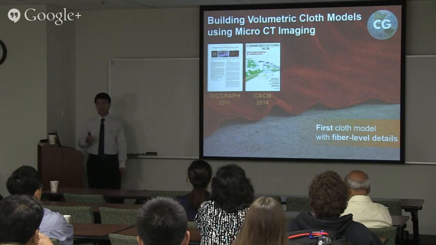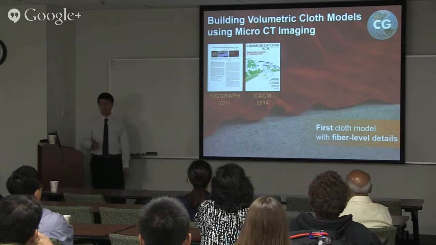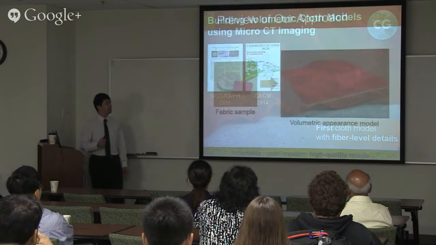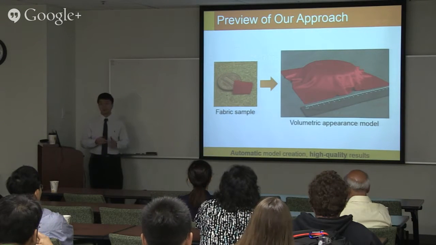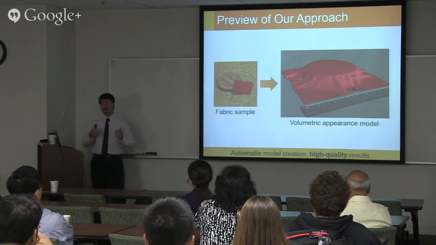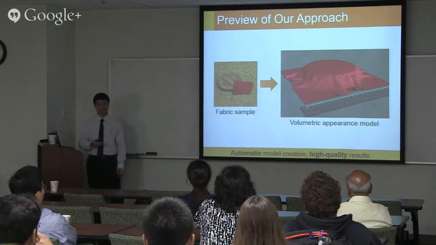This work was presented at SIGGRAPH 2011 and recently republished in Communications of the ACM as research highlights. Our approach takes measurements of real-world fabric samples and automatically creates volumetric models with rich details.